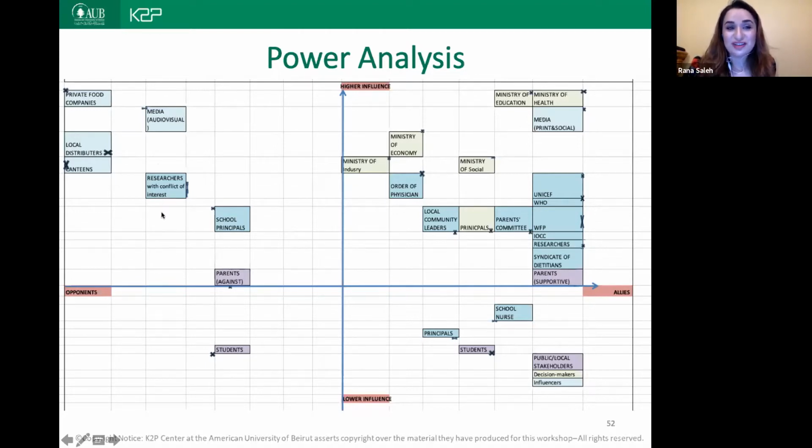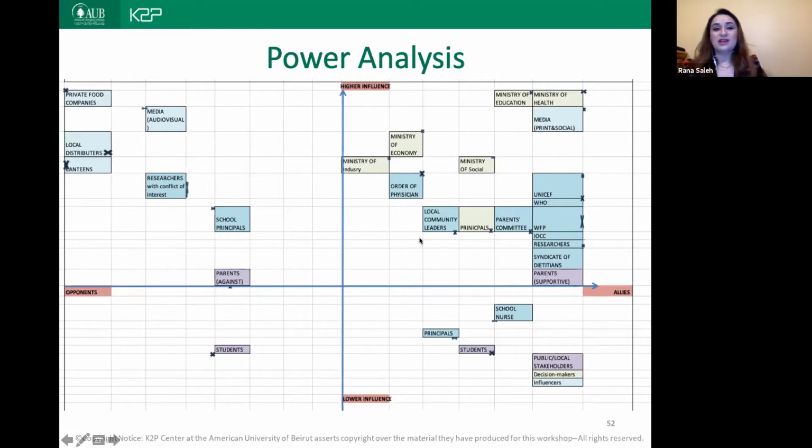Other researchers were actually commissioned by the industry to carry out some interventions in schools, and those are actually opposition because now they are researchers who have a conflict of interest in terms of this research, in terms of this topic. So as you can see, sometimes researchers can be opposition. Also, you have some parents and some students who might be against this.